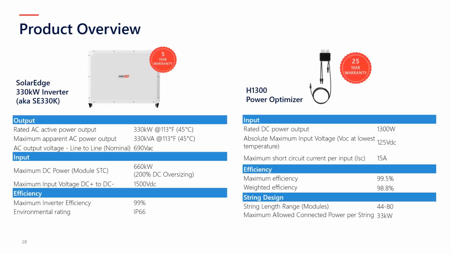Just to give you guys a quick overview of our products, so the 330 is rated at 330 kW, but can take up to 660 kW DC power. As I mentioned, it's paired with our H1300s, and you can basically hook up two 650-watt modules in series, and can go up to 33 kilowatts per string.